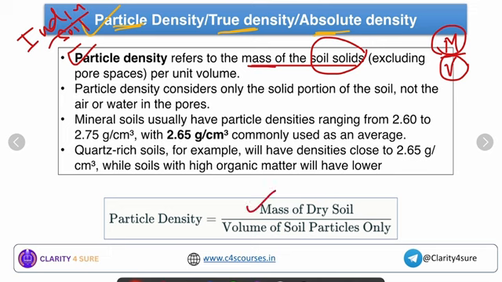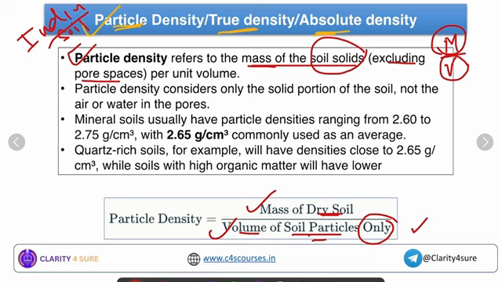You can see here, mass of dry soil and the volume of soil particles only. Why are we mentioning only? Because it is not considering the pore spaces. The particle density is not going to consider the pore spaces while calculating volume. It is just considering the soil particles, and that is why we call it particle density, the true density.